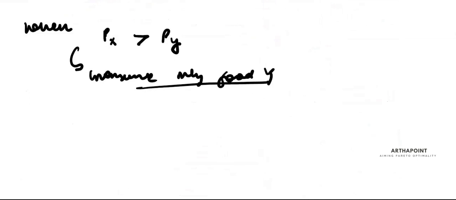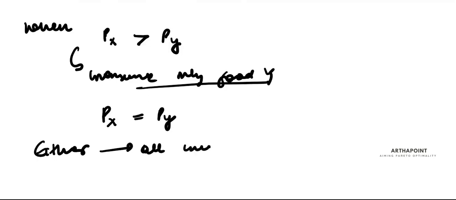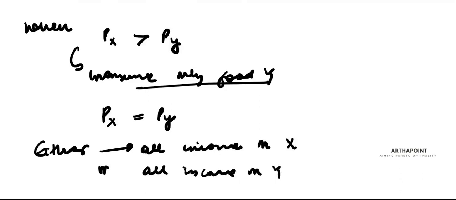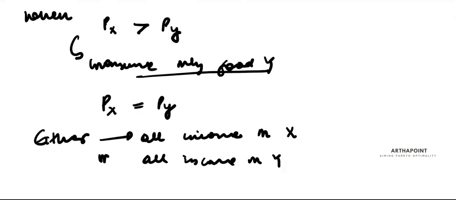With only one exception: when Px is equal to Py, even when the prices are equal, either you spend all your income on X or all your income on Y, but not a combination of two. Otherwise, they're acting as substitute goods. Whichever is cheaper, buy that, you will get more of that.